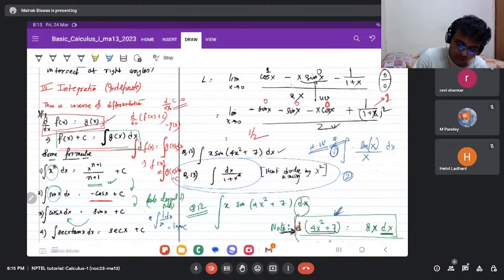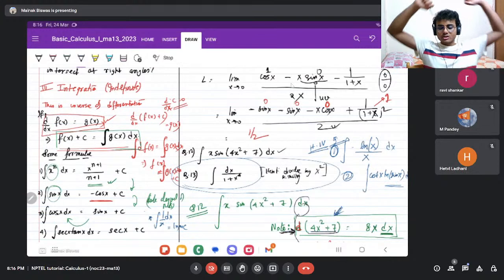Second homework would be log of sin x into cot x, or is it cot x into log sin x. Try these two questions.